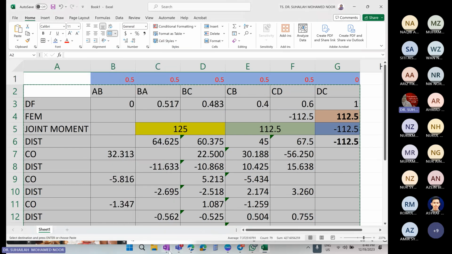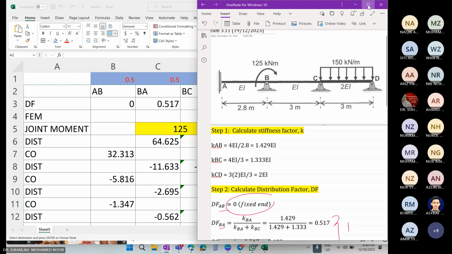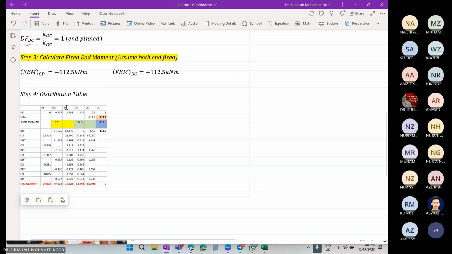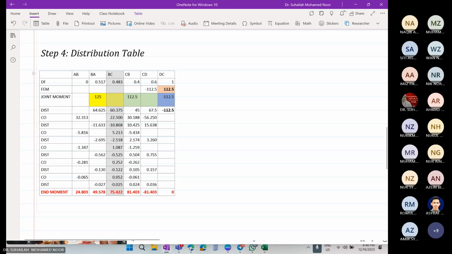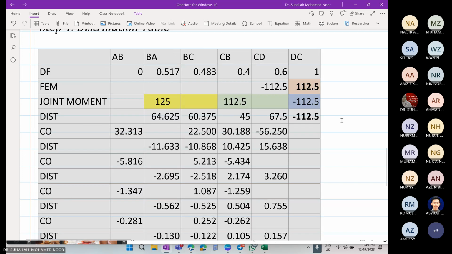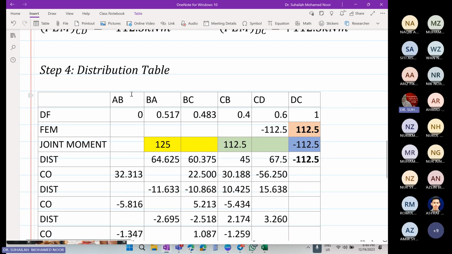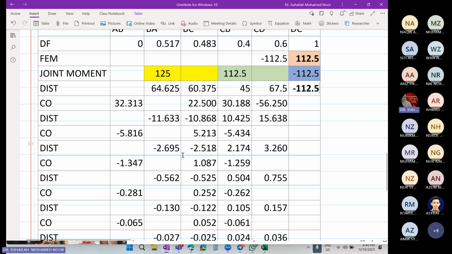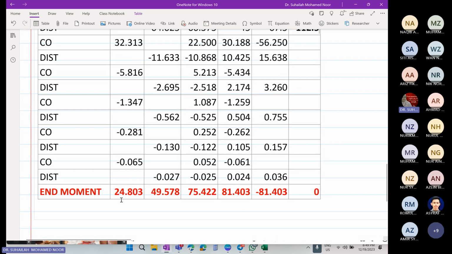This is the end moment, and this is without support settlement. This is just due to loading only.